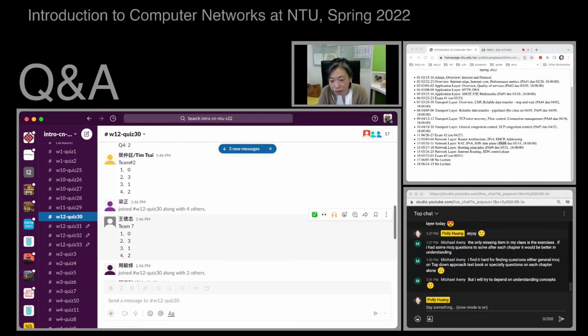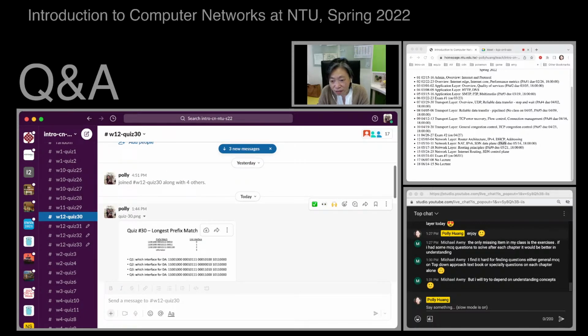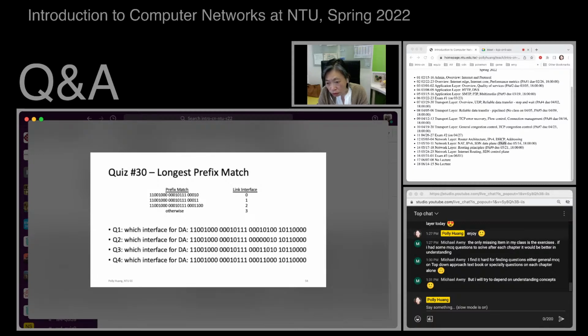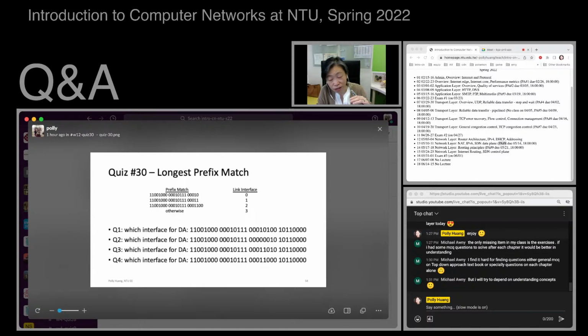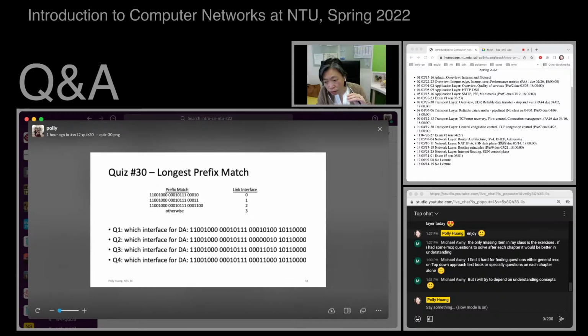Okay, in Q3, I guess it's obvious by now. So for Q3, yeah, it matches all the way to the 20th bit. And then the 21st bit is 1. So the possibilities will be the second and the third entry, right? Does it match the third entry entirely? In fact, no, right? Because this is 0, 1.